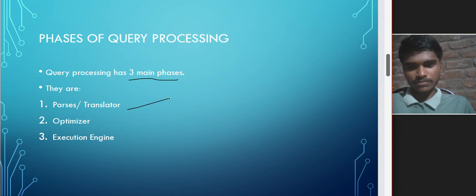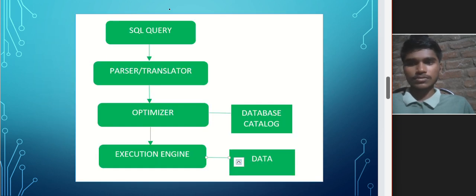So this is a view of query processing. This is a diagram which explains query processing. As you can see here, we have taken an SQL query, the request we send to the database. First it is sent to the parser or the translator.